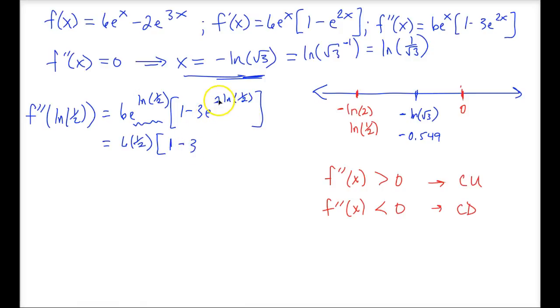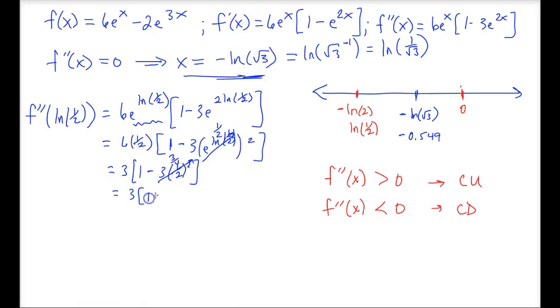For the e raised to the 2 times natural log of 1/2, we can look at it this way. I'm saying e raised to the natural log of 1/2 here, all that raised to the power of 2. And of course, this is just 1/2. So we end up with 3 times 1 minus 3 times 1/2 squared. And of course, all of that is just 3/4.